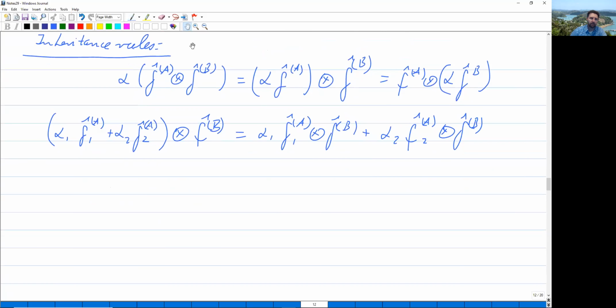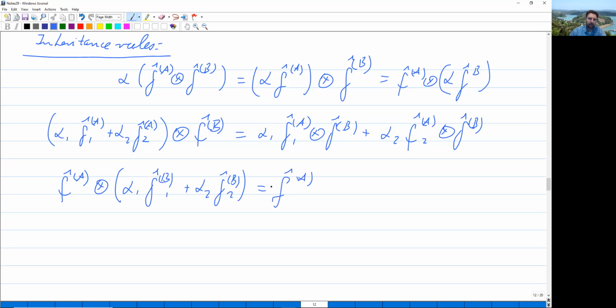And of course, also the other way around, where the additivity happens on the second factor. So we have f hat a tensor alpha 1 f hat b1 plus alpha 2 f hat b2. And this is f hat a tensor alpha 1 f hat b1 plus alpha 2 f hat a tensor f hat b2. Usual distributive laws here.